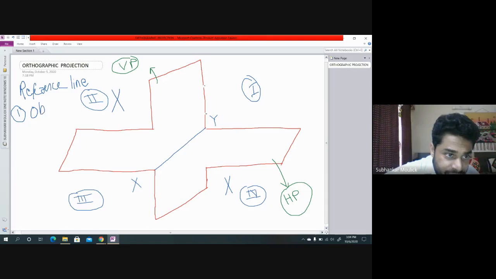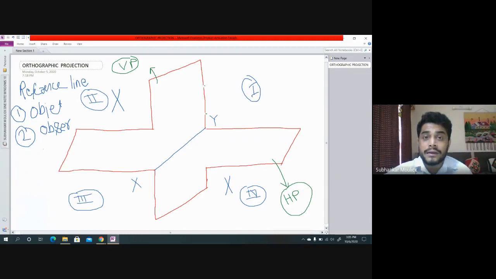What is your object and where is it located? Second is the observer. From which direction is the observer looking at that object? Accordingly, you have to decide which one will be your front view and which one will be your top view.